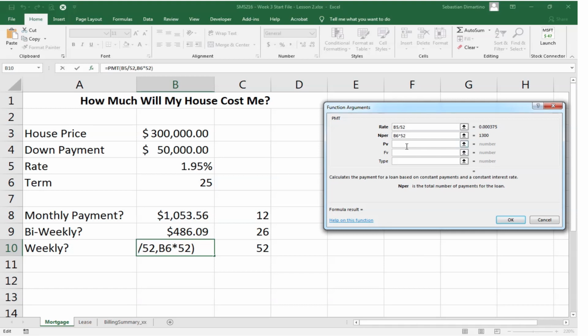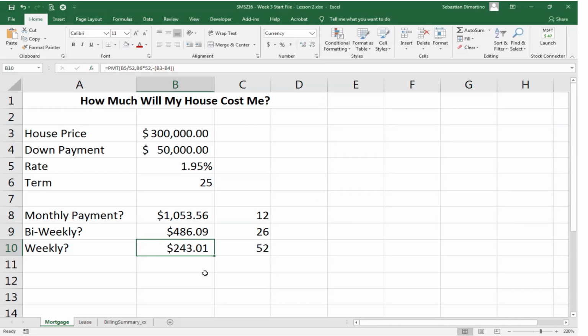There are 1,300 payments if you do it weekly. And last but not least, your negative of 300,000 minus the 50,000 down payment. And you'll notice now your weekly payments are $243.01.